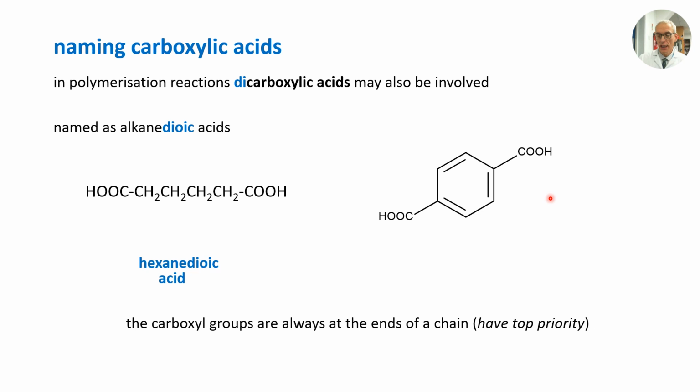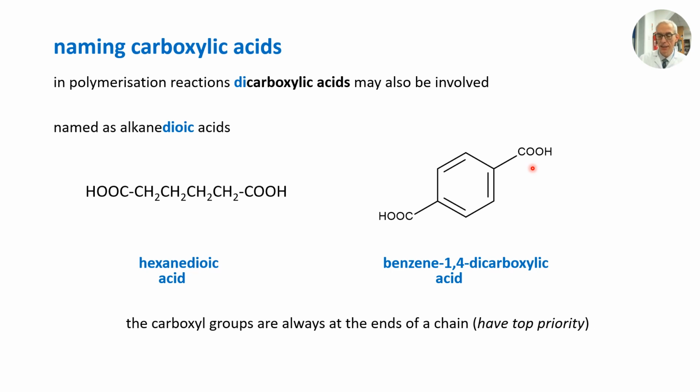The example on the right hand side contains a benzene ring. Would you like to pause and try and name this? Okay, so to reveal, it's benzene-1,4-dicarboxylic acid. If we just had a single carboxyl group, that would be benzene carboxylic acid.